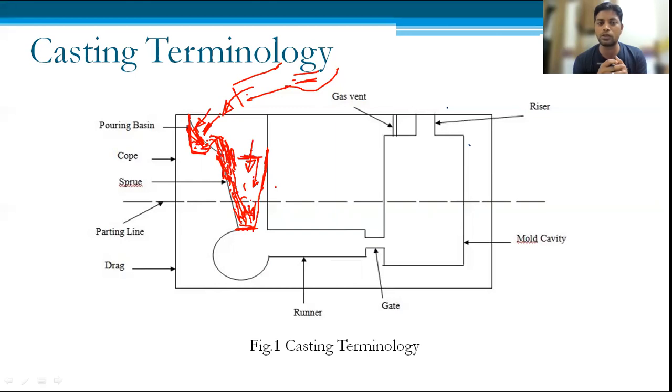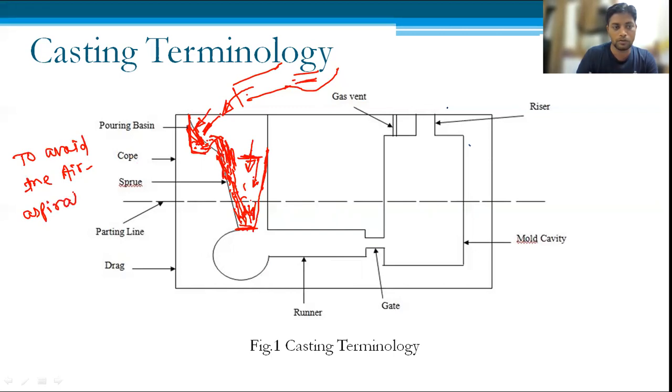In some books you can also read that this is to avoid the air aspiration effect. To avoid the air aspiration effect, or the entrapment of gases, we use this taper in section.